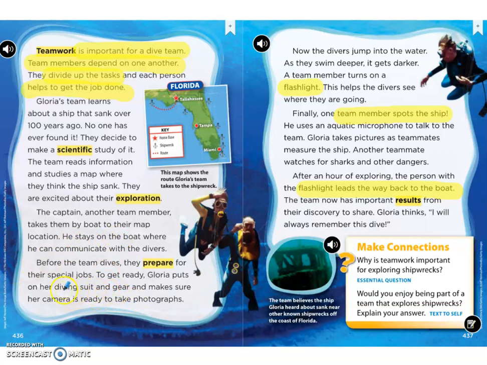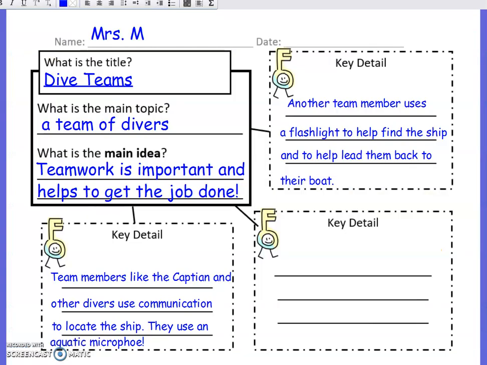So she's making sure that she has her diving suit and gear and that her camera is ready to take photographs. And over here, Gloria takes pictures as teammates measure the ship. So they're collecting all different types of information that they're going to take back with them to further their research.